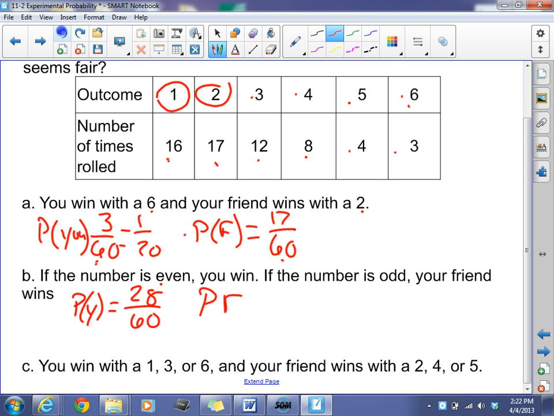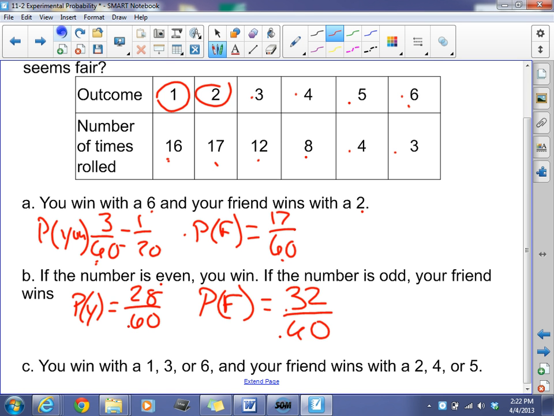The probability of your friend winning is going to be, so 16 plus 12 is going to be 28. 28 plus 4 is going to be 32. And there we have it. So the probability for you is 28 over 60, and your friend is going to be 32 over 60.